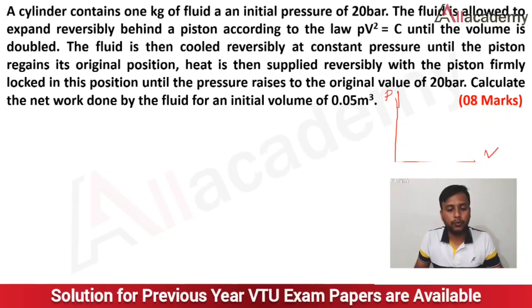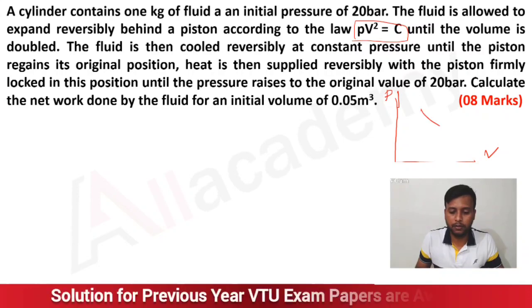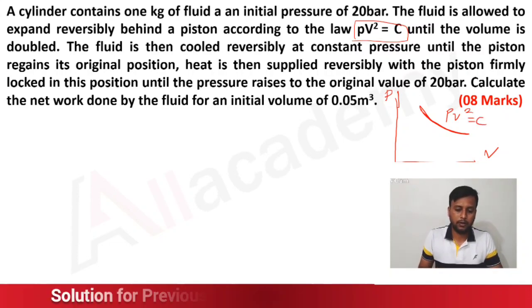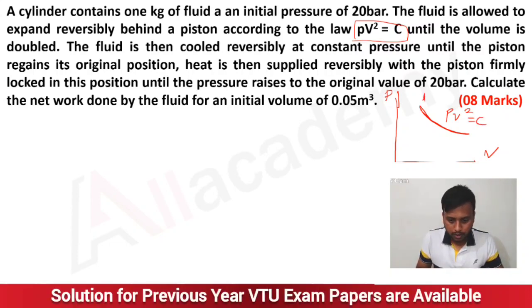Process 1 to 2 is taken by the polytropic process, PV squared equals constant. I'll just draw a simple curve. This is condition 1, this is condition 2.